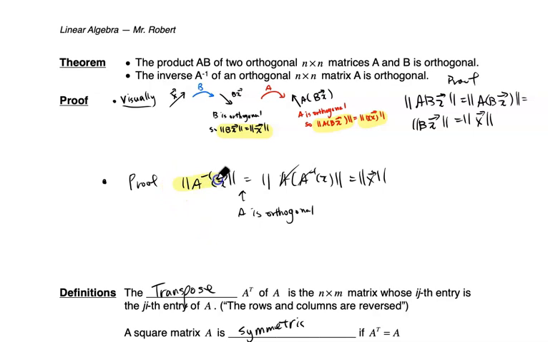We need to show that A inverse of x has the same length as x. We need to apply matrix A. We know that A is orthogonal, so we know that this is going to have the same length as A times what we had. And then, since we know that A times A inverse equals I, these two cancel out, and we come out with x.